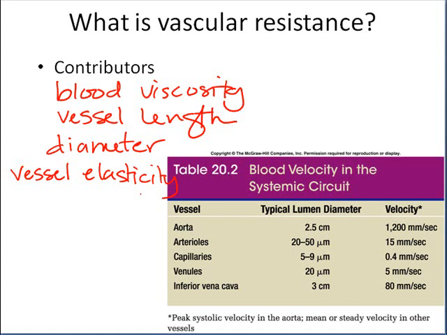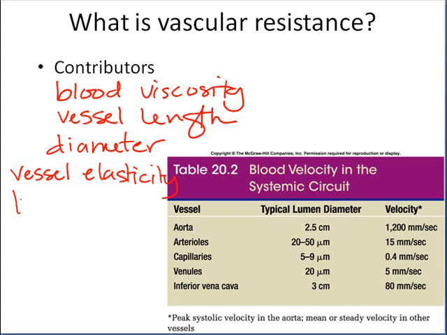Think of a person in their 50s who has atherosclerosis, that hardening of the arteries. That directly damages the arteries and reduces elasticity in places like the aorta. So now the aorta cannot expand and recoil as readily as it used to, and as a result, that's going to cause blood pressure overall to be higher.